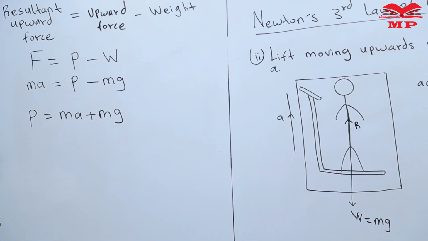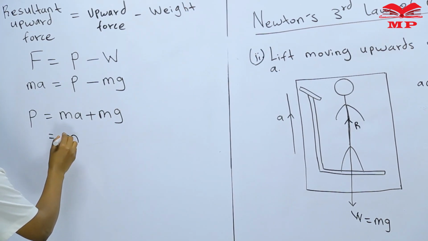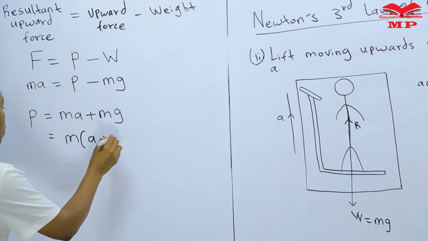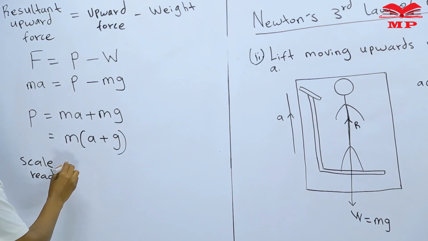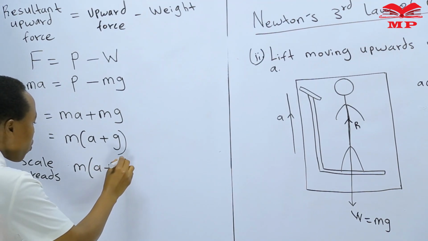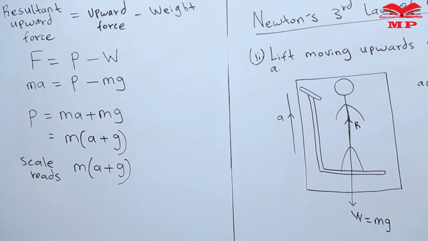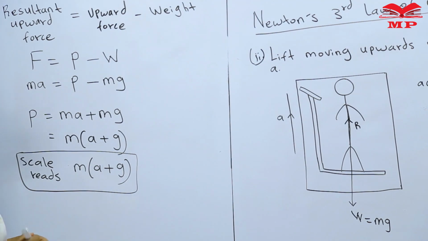And therefore our upward force, or the scale reading, the scale therefore reads, we can factor out mass, then we have acceleration plus the gravitational force. So the scale reads mass multiplied by the sum of acceleration and the gravitational force. And this will be the reading for the scale for a lift that is moving upwards with an acceleration a.